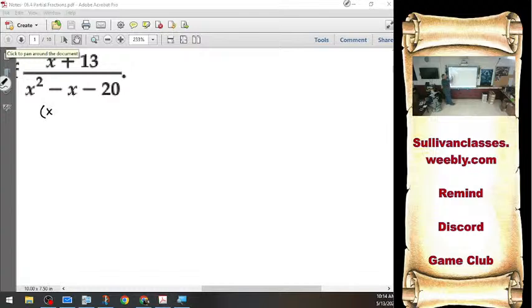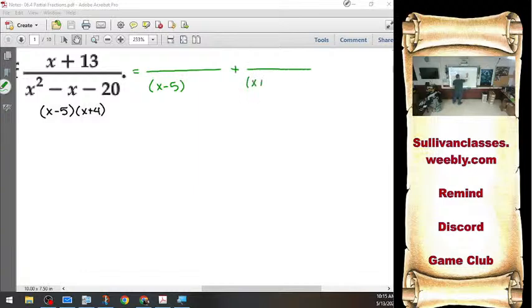So I'm always going to start by factoring my denominator. And that tells me that I had something over x minus 5, and I added it to something over x plus 4.